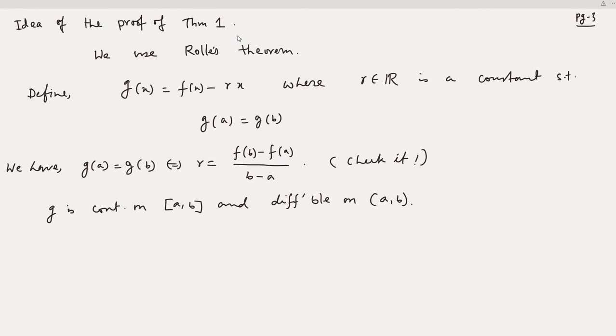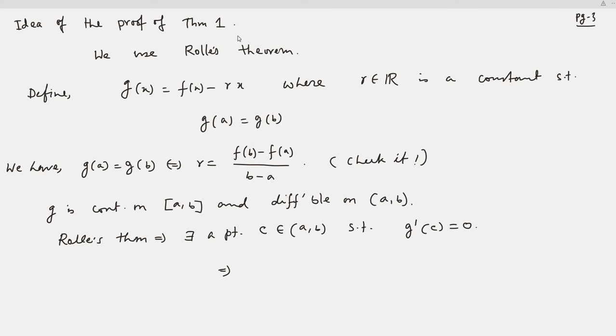Therefore Rolle's theorem implies there exists a point c in the open interval a comma b such that g prime of c equals 0.